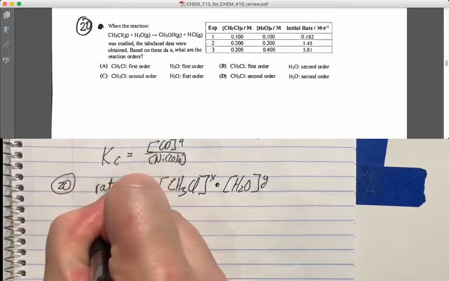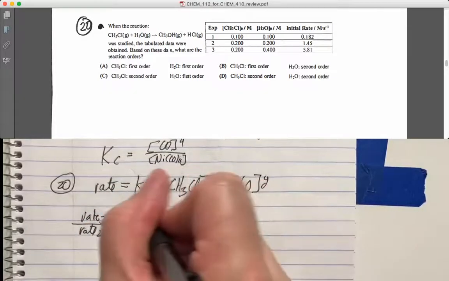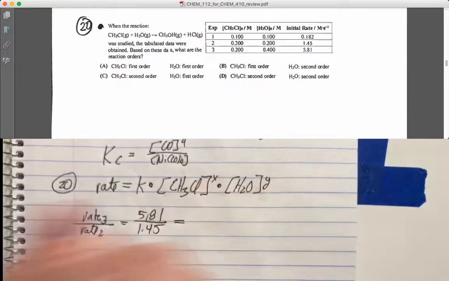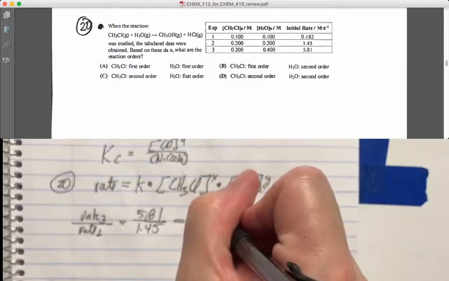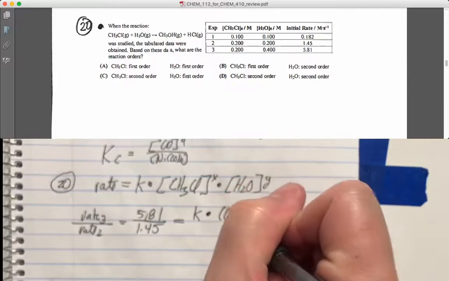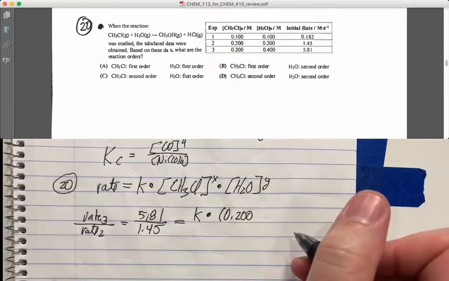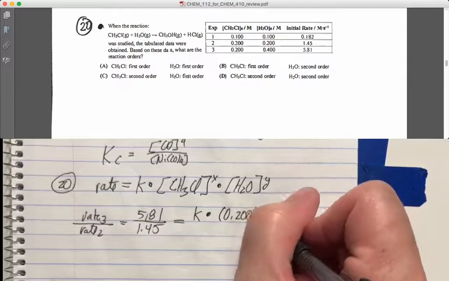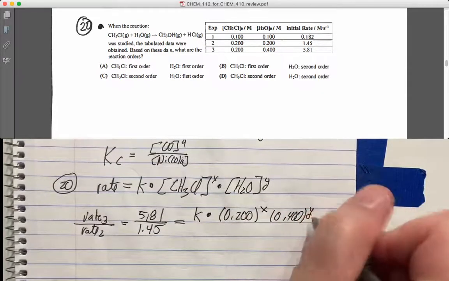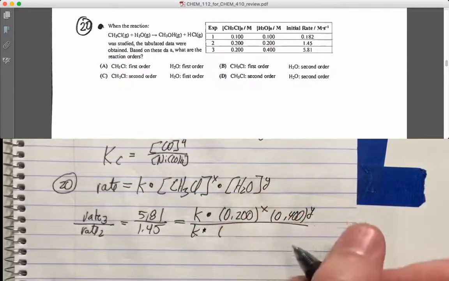So rate 3 divided by rate 2 is equal to 5.81 divided by 1.45, which is equal to k, we don't know the value of k yet, times, we know these concentrations, 0.200 for methyl chloride to the x, and 0.400 to the y, over 0.200 to the x and 0.200 to the y. k is still the same constant because we're at the same temperature.